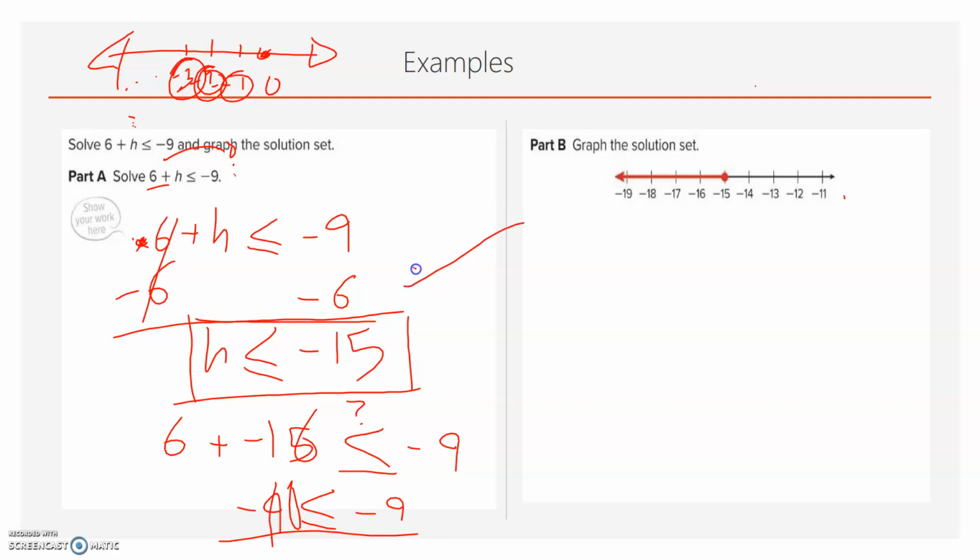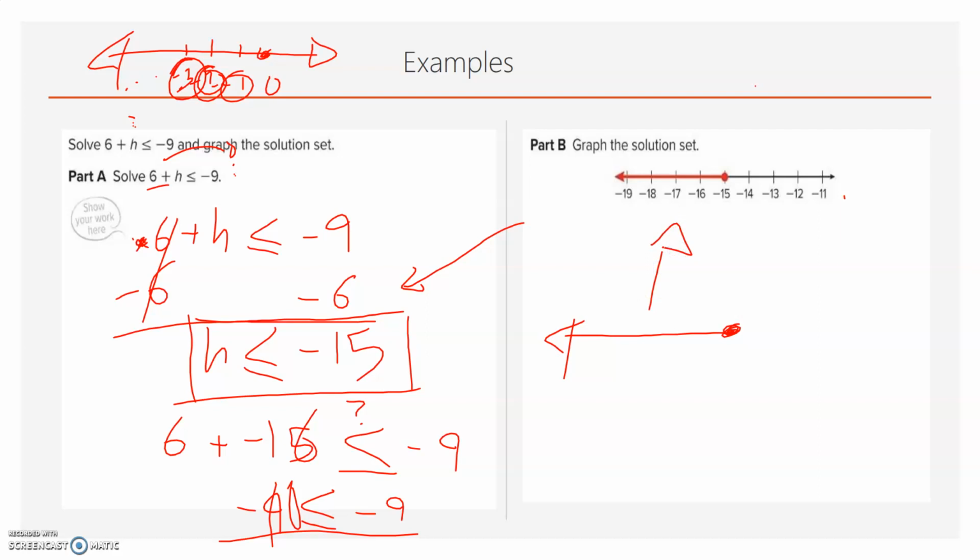All you have to do is look back in here. We have less or equal. Since we have equal, that means it must be closed. And it's less than negative 15, so it's going to keep going to the left, as you can see from this number line.